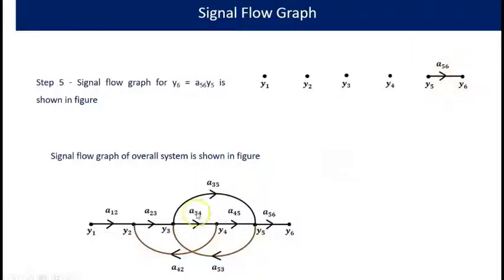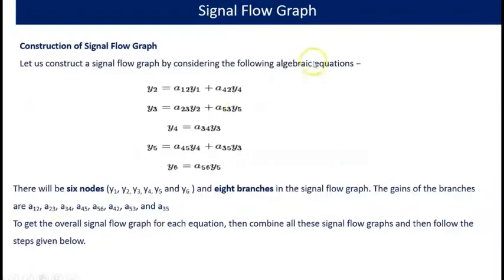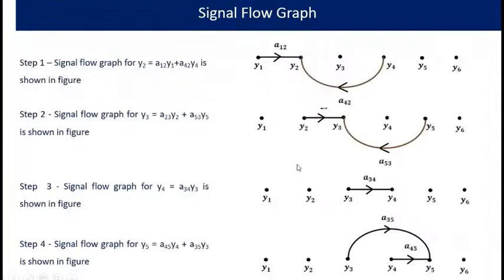Now combine all of this, so you will get the signal flow graph of the overall system. This is the signal flow graph for this particular system, having these algebraic equations.